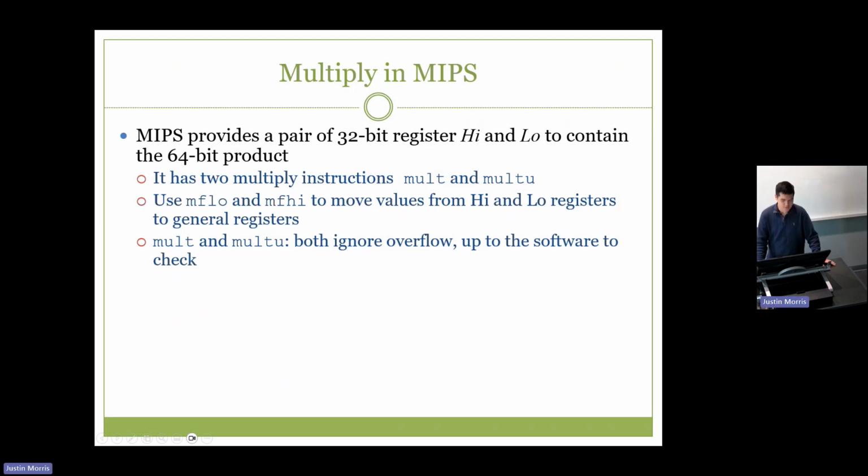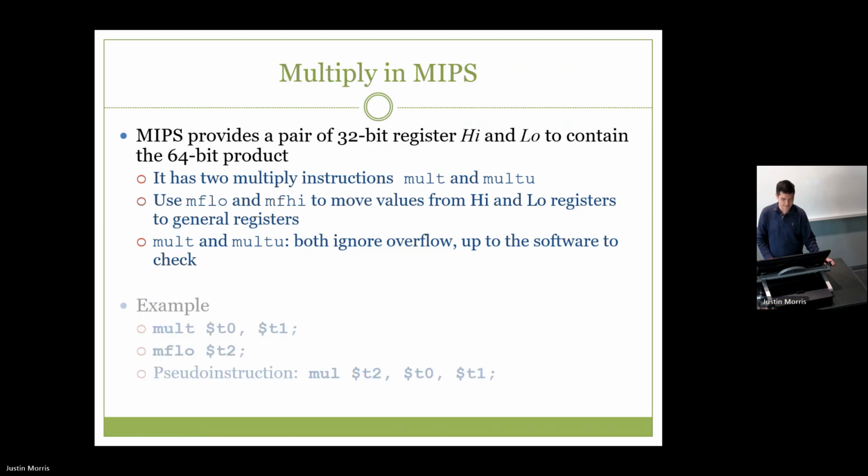And we use mflo and mfhi to move values from the high and low registers to the general registers. And both of these instructions ignore overflow. So it is again up to the software to check to make sure that you don't have overflow. And if you do have overflow, you set those flags to try and recover or tell the user this answer is wrong.